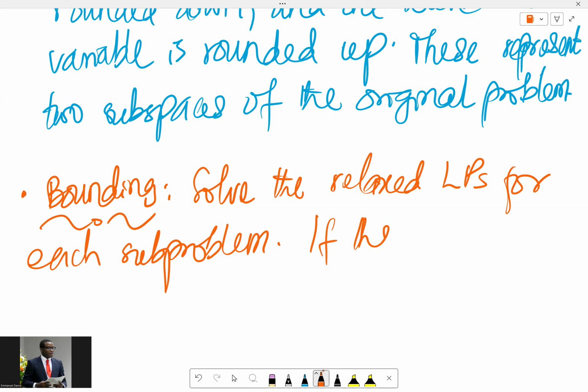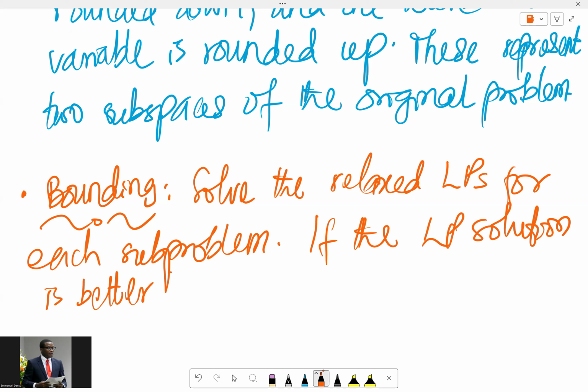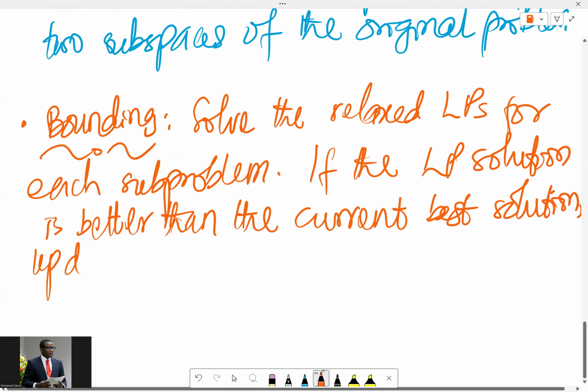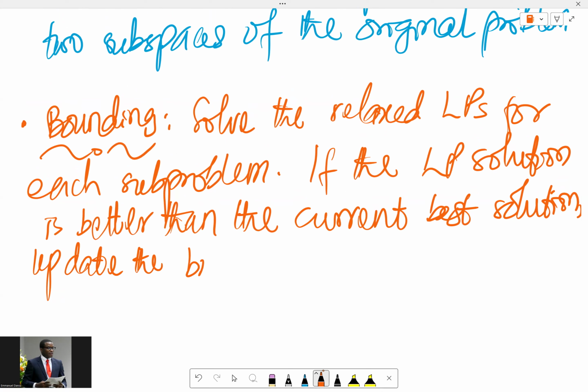If the linear programming solution is better than the current best solution, then you can update the best solution.